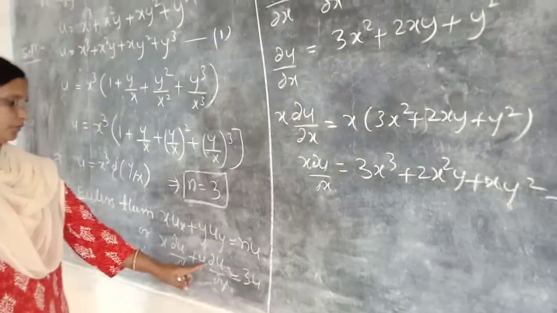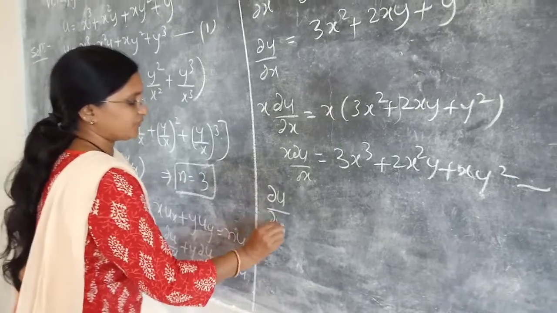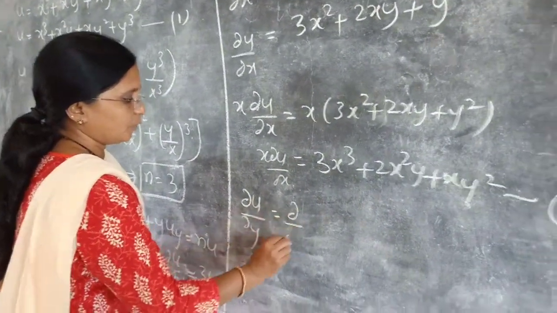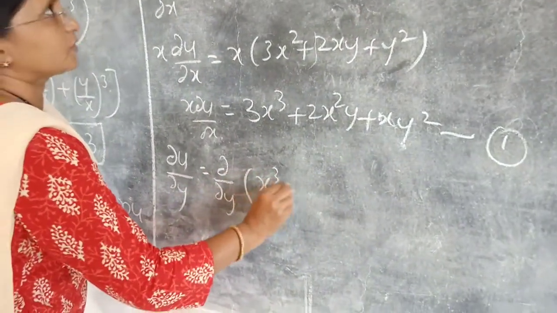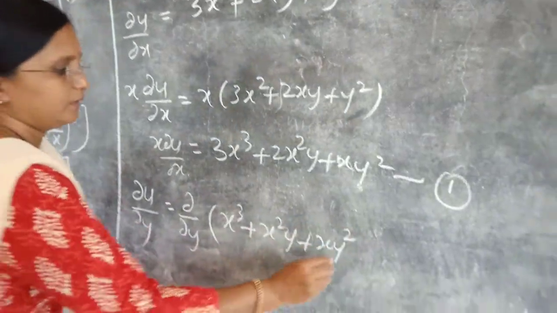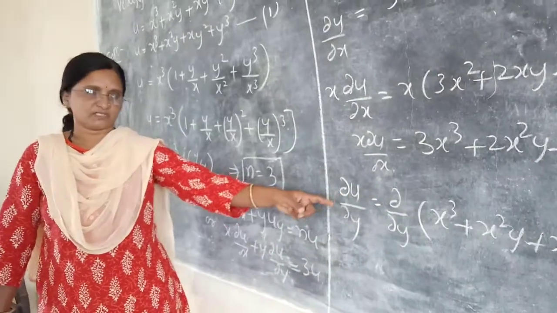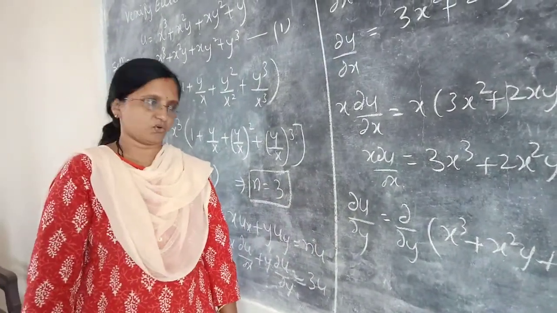Next we want dou u by dou y. Let us differentiate u partially with respect to y. Again write u as it is: x cube plus x square y plus xy square plus y cube. Here y is variable and the remaining are constants.